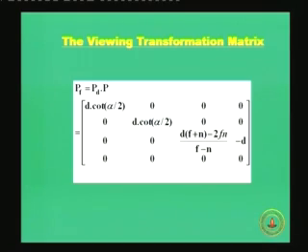So, the overall viewing transformation matrix is the concatenation, the product of two matrices PD and P, and remember the PD, you can take any one of these two forms: D, D, D, minus 1 or 1, 1, 1, minus D, and post multiplied by the P matrix which we have just seen.